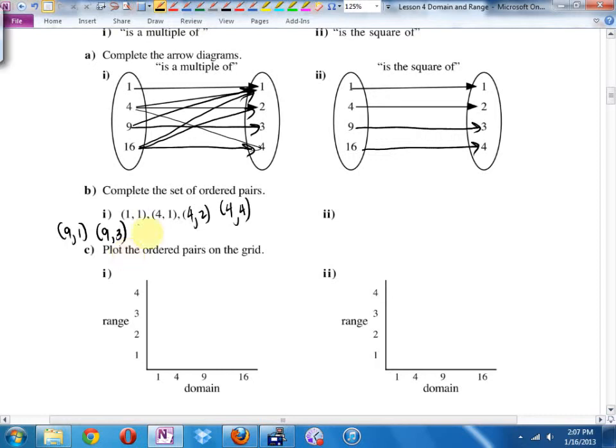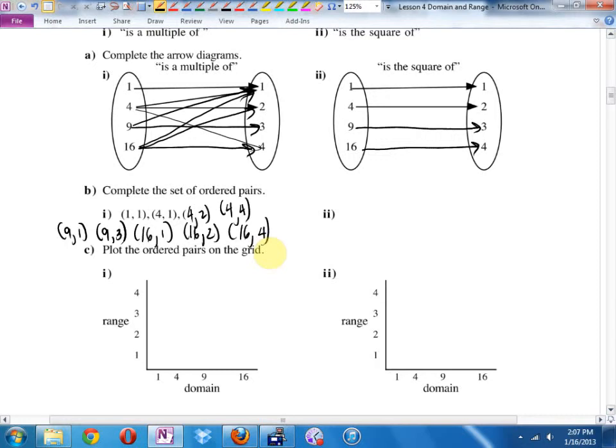I have 16 going with 1, 16 going with 2, 16 going with 4. Those are all of the ordered pairs, Sam, that I can get from this mapping diagram.